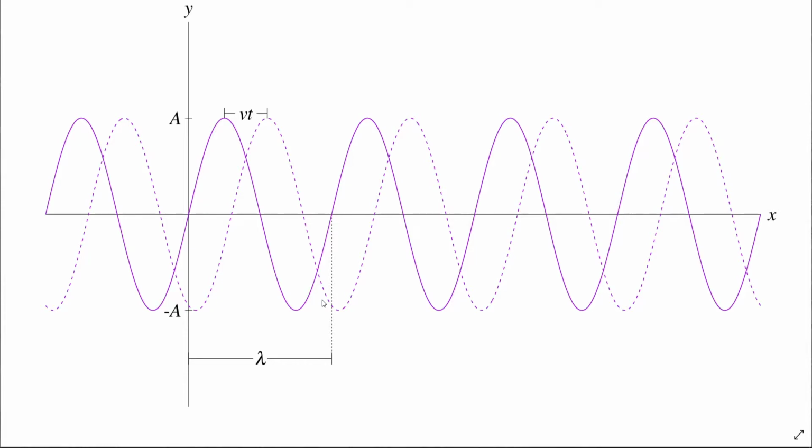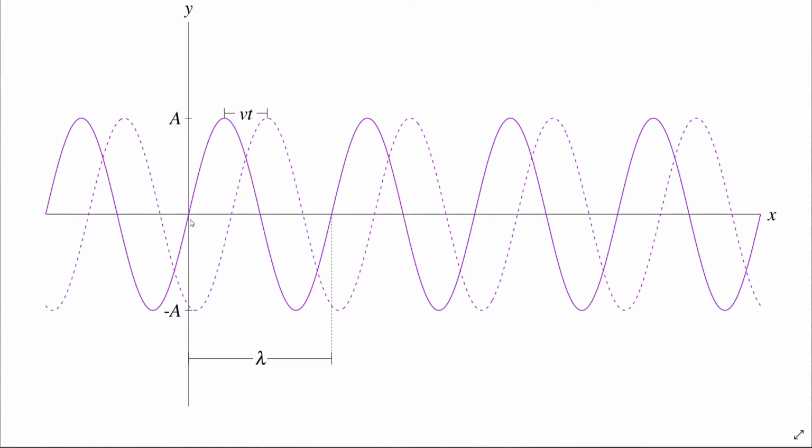If we just look at that t equals 0 curve, it's described by the equation we just wrote down: the amplitude times the sine of 2 pi over lambda times x. And we have all of the usual characteristics we've seen before.